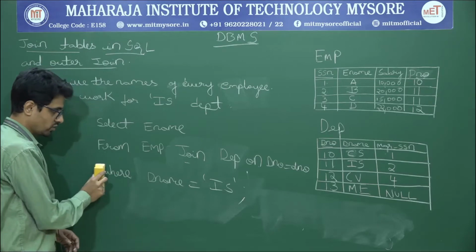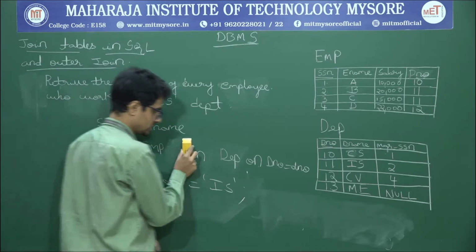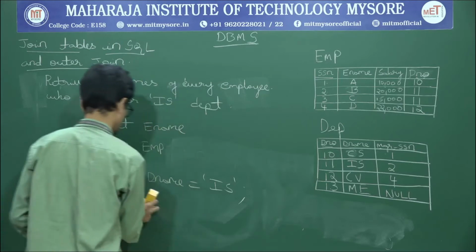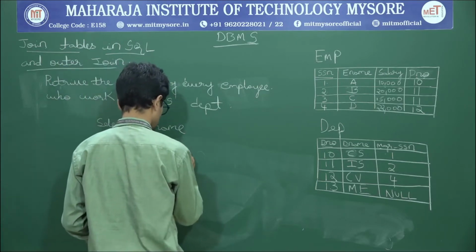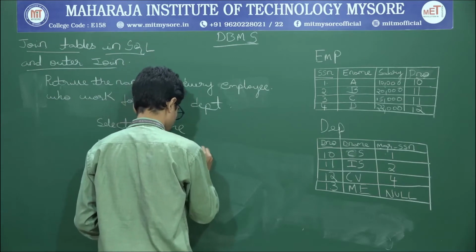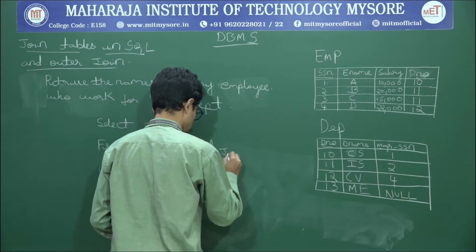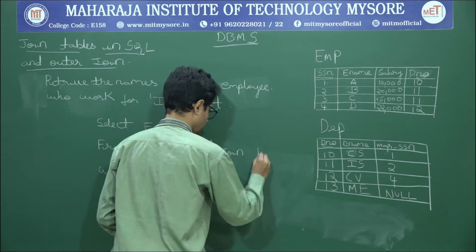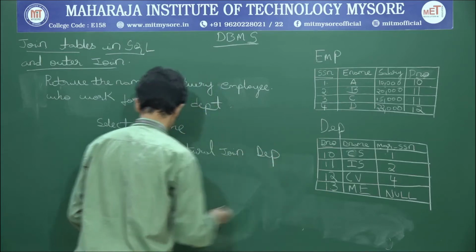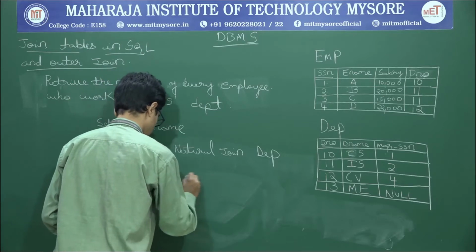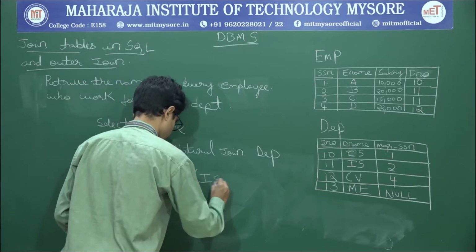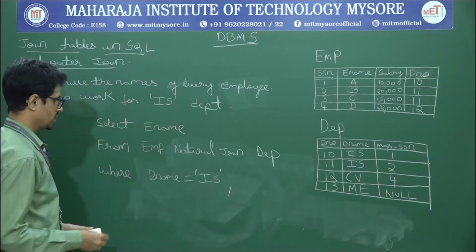Okay. Now we will see one more type of join, that is from employee EMP natural join DEP where D name equals IS.